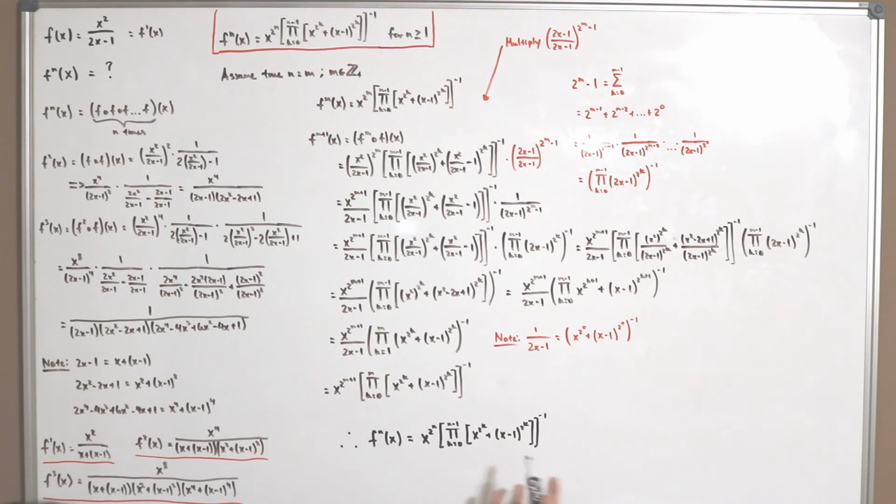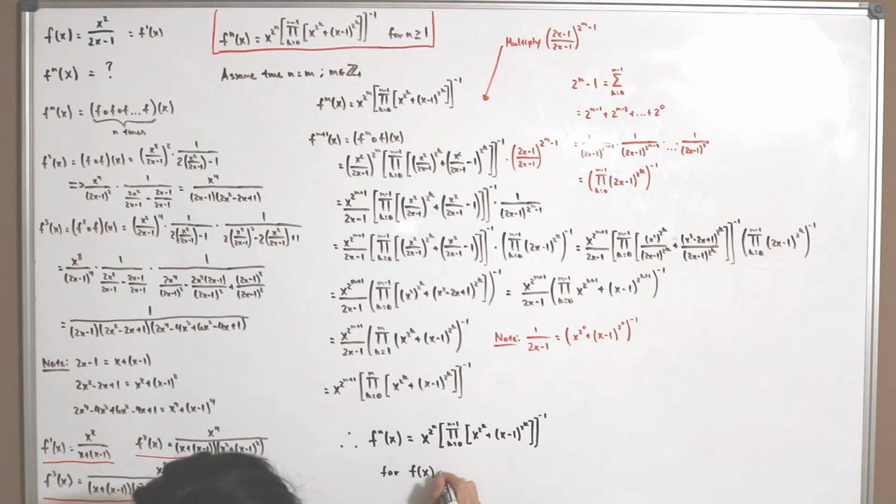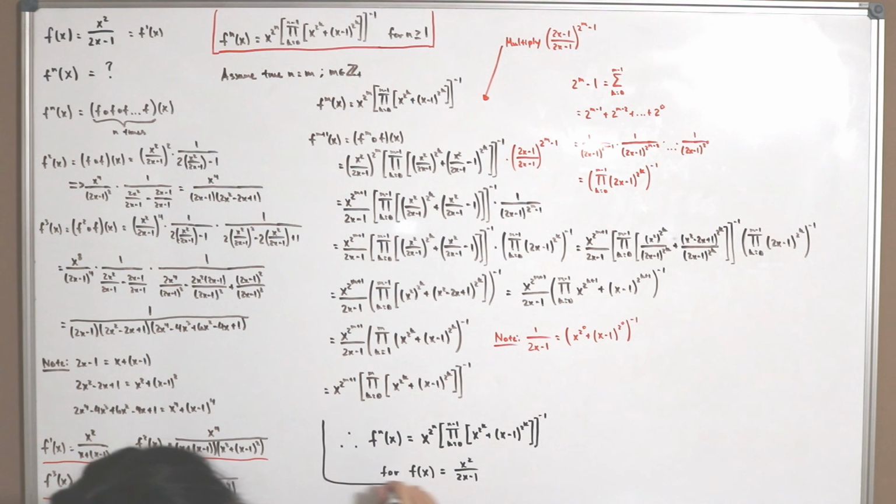So this is our formula such that f of x equals x squared divided by 2x minus 1, like so.